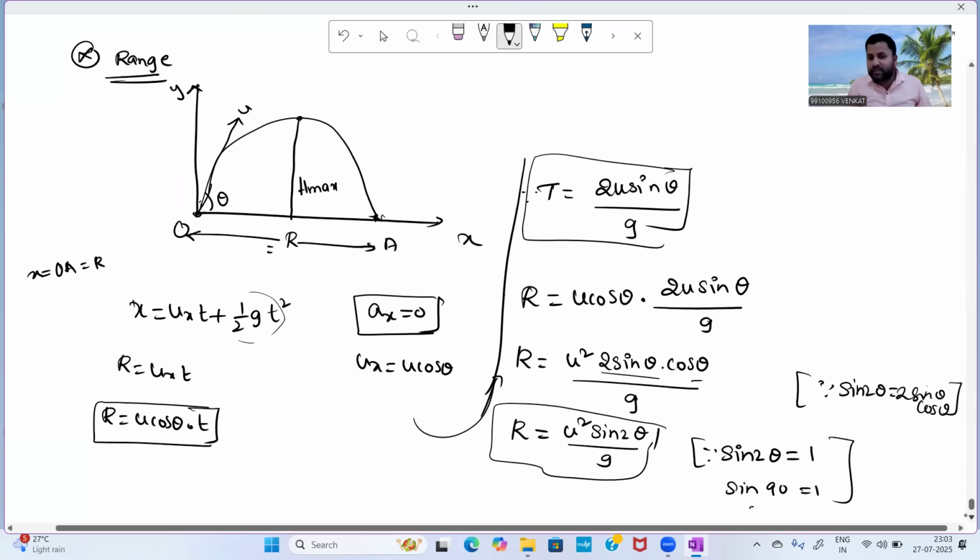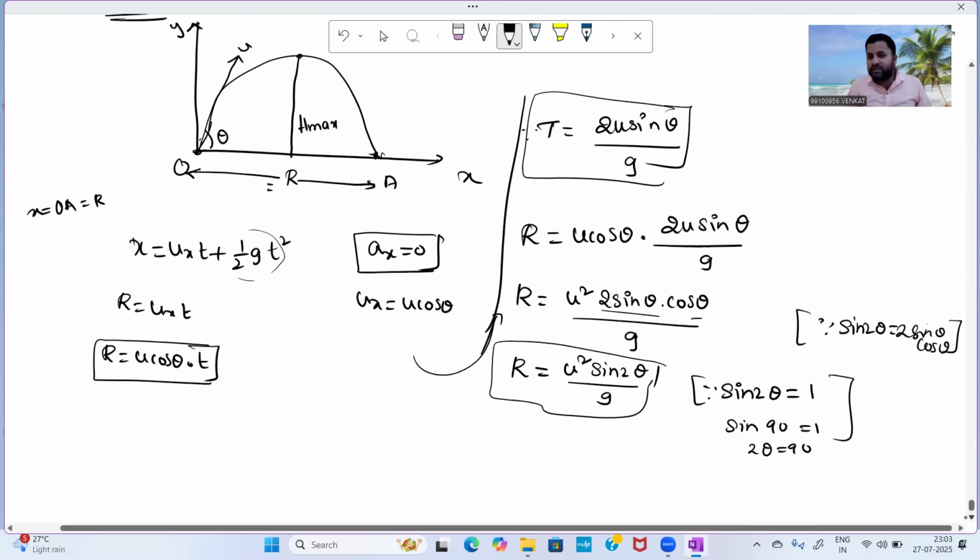But here 2 theta is there. So 2 theta equal to 90 degrees, then theta equal to how much? 45 degrees. Yes, theta equal to 45 degrees, it will be maximum.